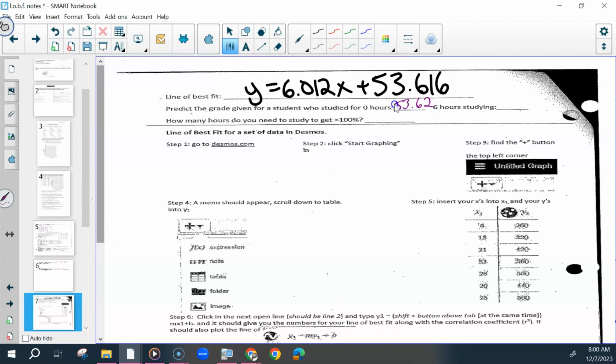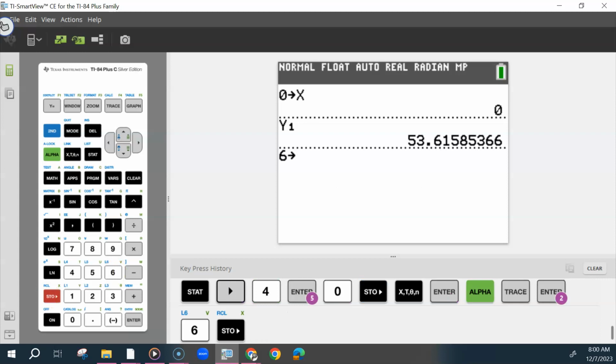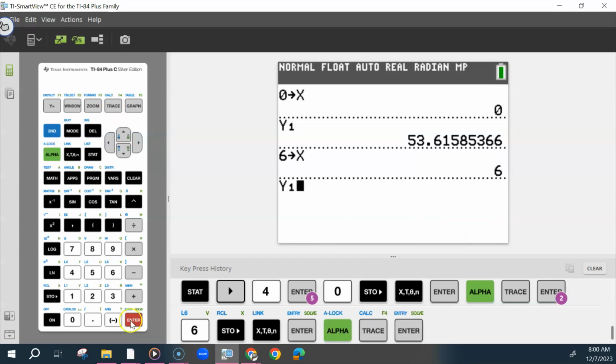Yeah, that's what we're doing. So just like the 0, we're going to store 6 for x, 6 STO x. And then grab your equation from your y1. Alpha trace, enter twice.